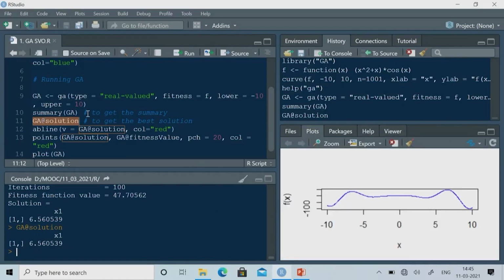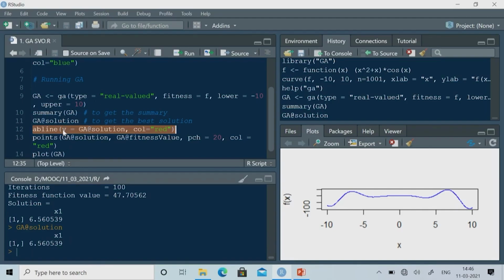Now I can write abline. abline is a function that will draw a line on the available plot. I would like to draw a line at the optimal solution, that means at 6.560539.